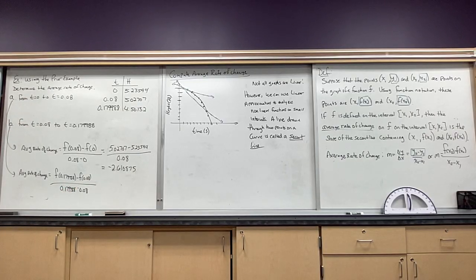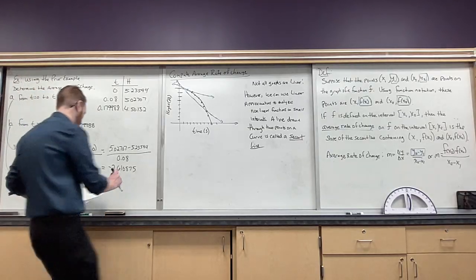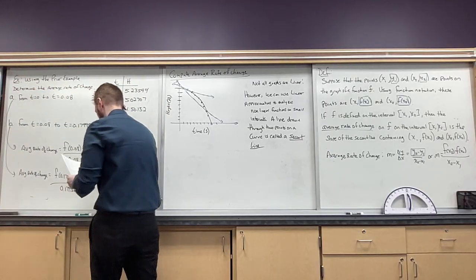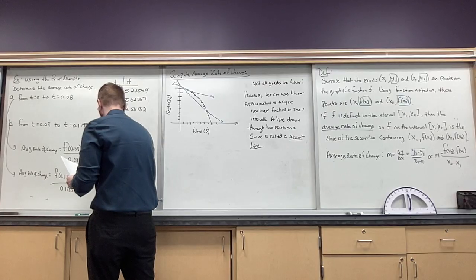Okay, so I'm taking the second point, which is this guy, and subtracting the first point. So these are the y's that I'm subtracting, and these are the x's. My next step is to plug these out and put in the y values that correspond with it. I'll highlight this because it might get a little messy with them put together.